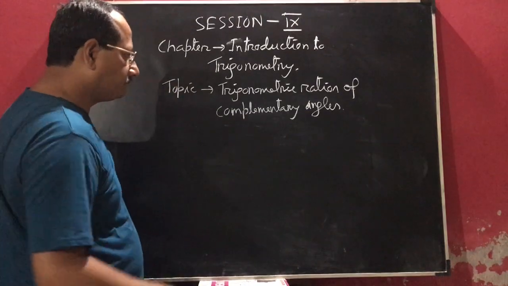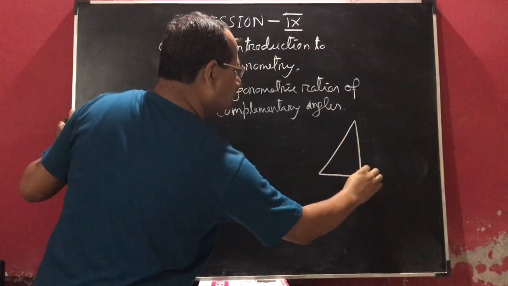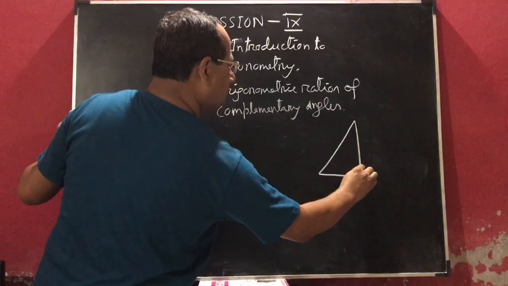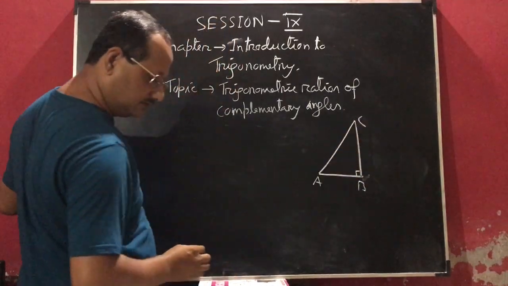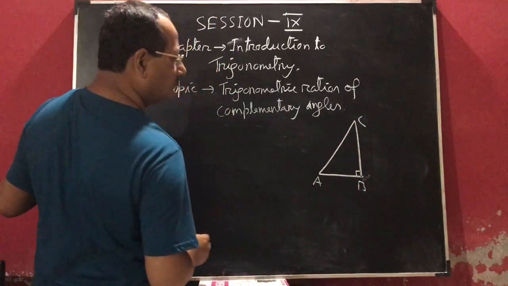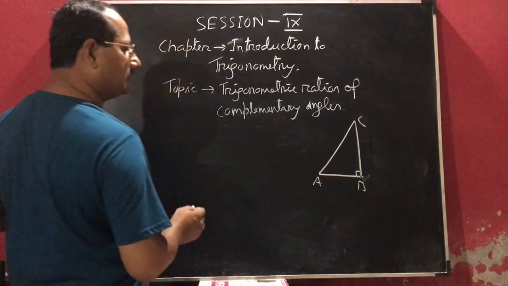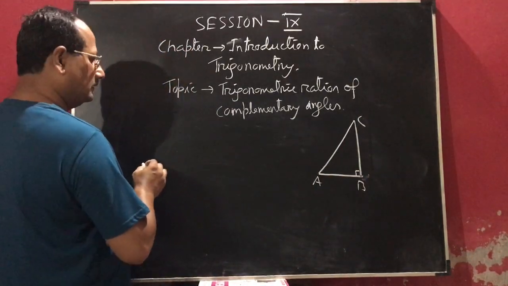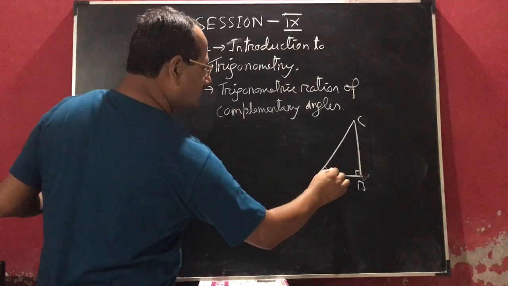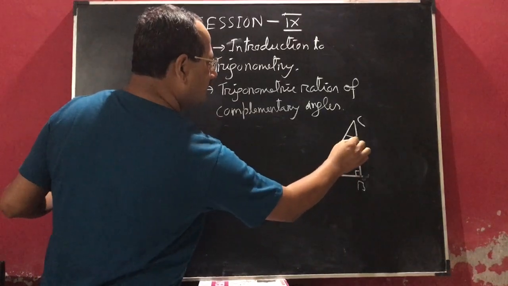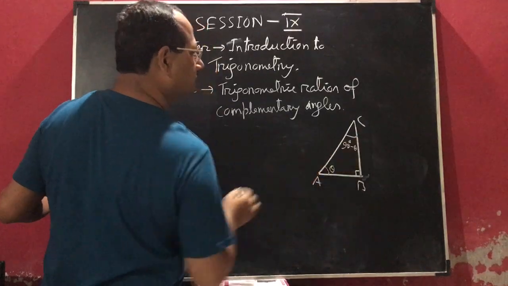You see, suppose this is the right angle triangle ABC, with the right angle here. Suppose this angle is theta, then this angle is 90 minus theta.